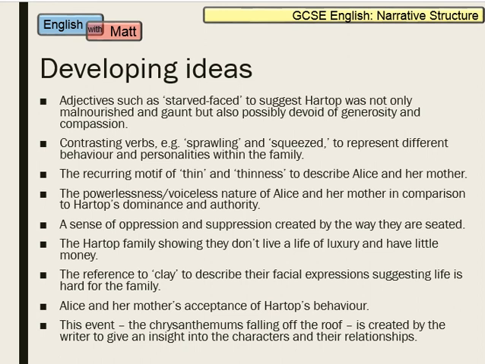So this event with the flowers is a good use of how the writer is using these events to give us an insight into these characters and also their relationships. So we can use some of those ideas in those bullet points to help enhance the reasons why perhaps the writer structured the text in the order and the sequence that he has.